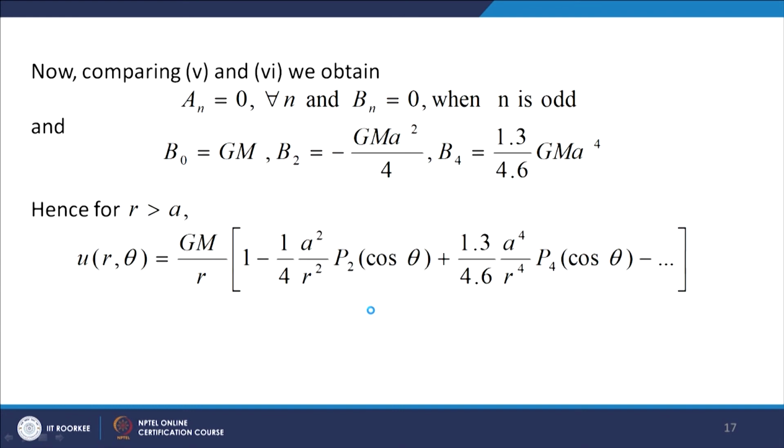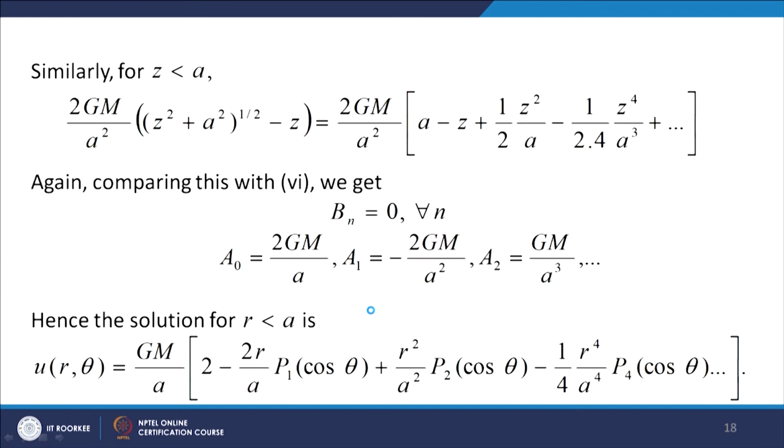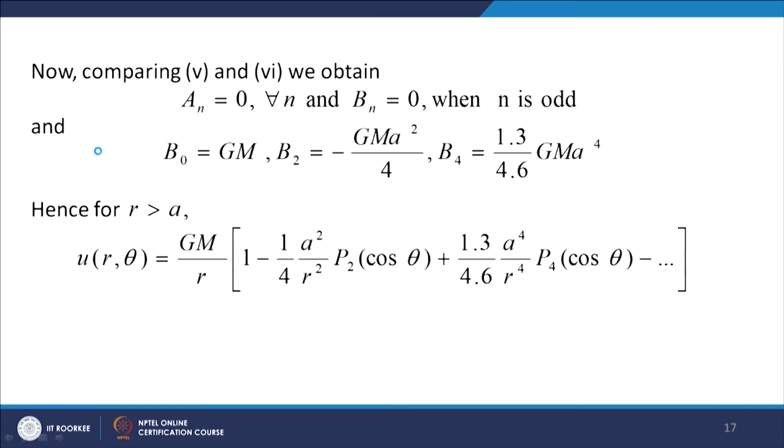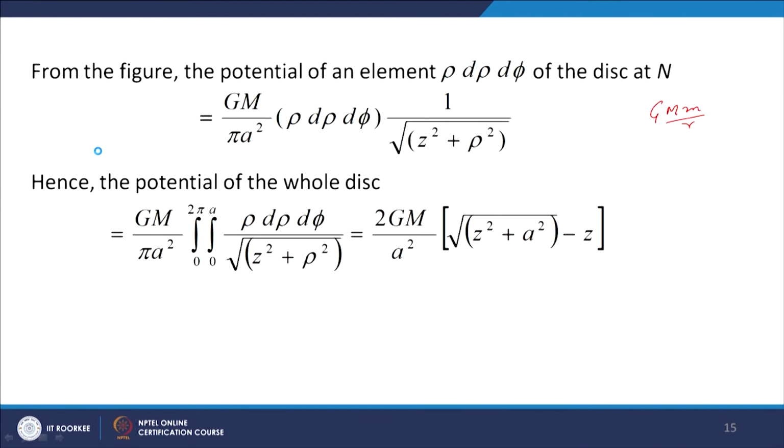Now, when we have z less than a, that is, N is at a distance less than a from the center of the sphere, then we will have 2GM by a squared. Again look at this expression: 2GM by a squared times the square root of z squared plus a squared, minus z. This time z is less than a, so we shall take a outside the square root.